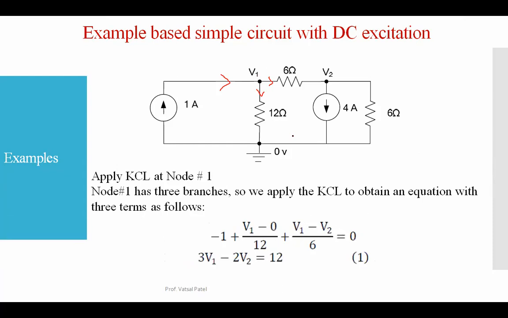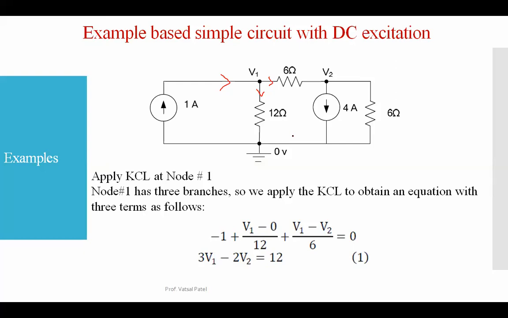So what is the equation given here? Minus 1 plus (V1 minus 0) divided by 12 plus (V1 minus V2) divided by 6 is equal to 0. So all the current entering the node is equal to the current leaving the node.